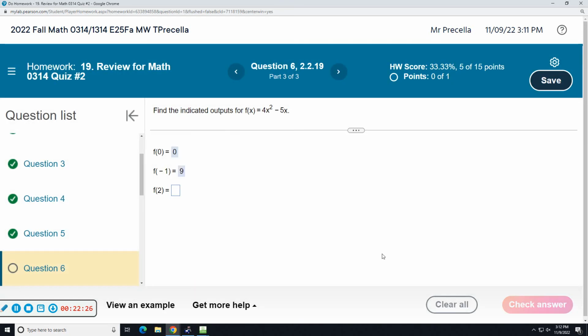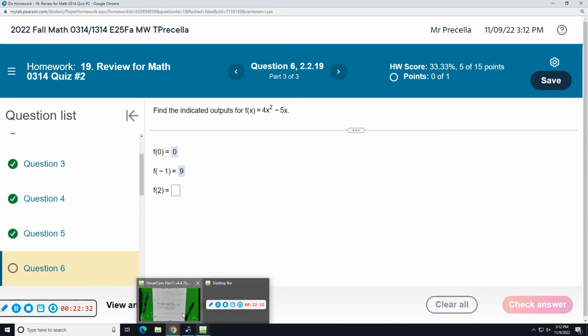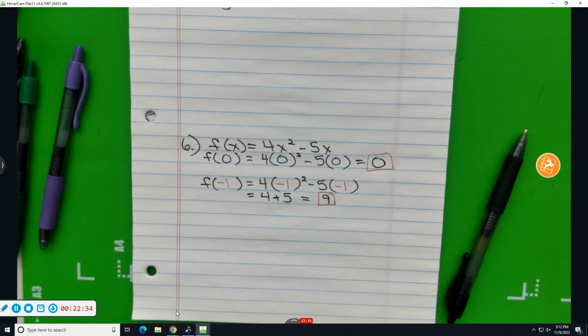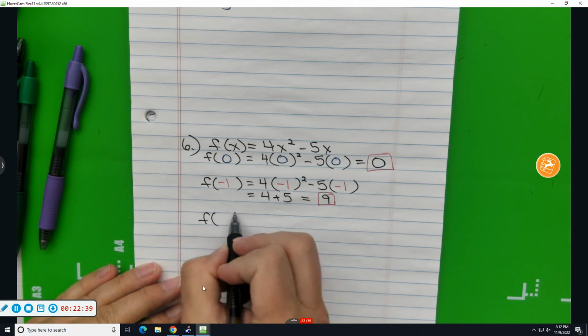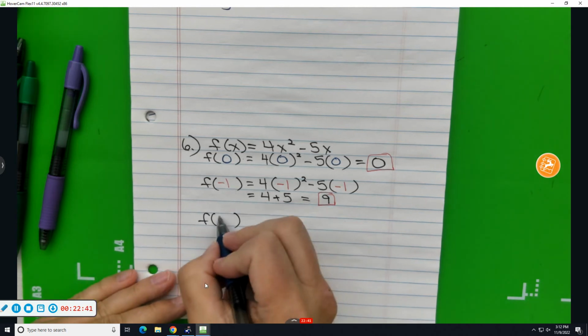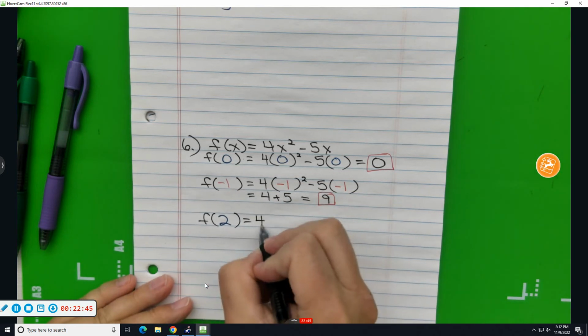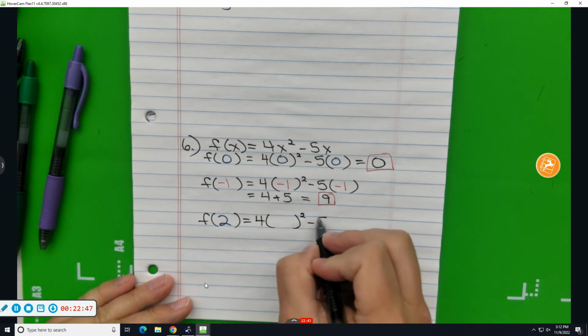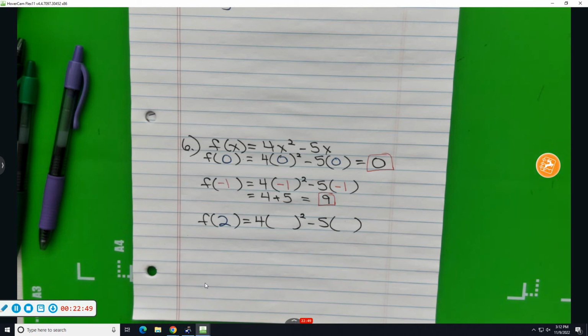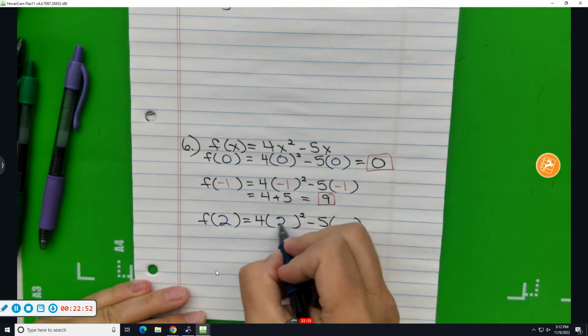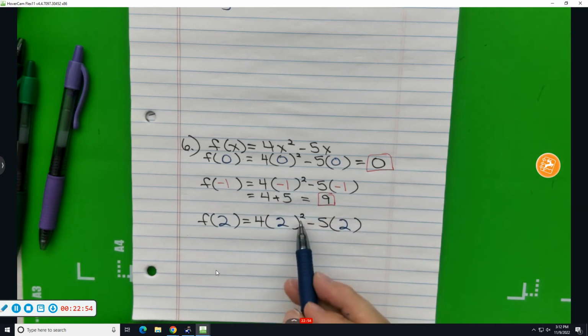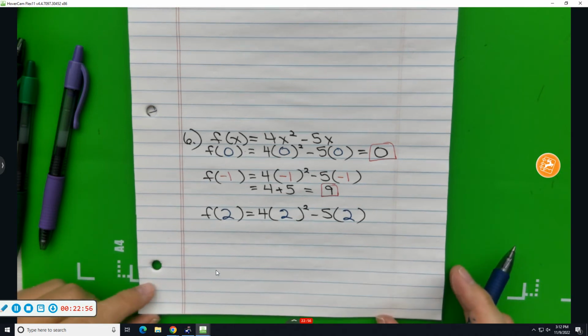And one more, f of 2. That says go to your function f, and wherever you see a variable, replace it with 2. 2 squared is 4.